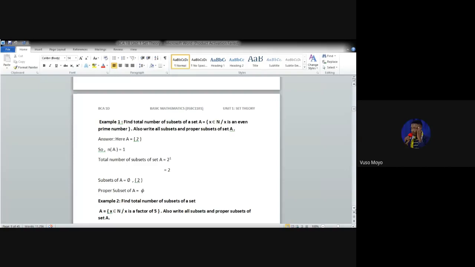Yes, okay, so what is the answer? 4. Yes, because we have the formula 2 raised to n. The n value over here is 2 because we have two elements. So 2 raised to 2 will be 4. So a total of 4 subsets we will get. Now the question is which 4 subsets will be there?